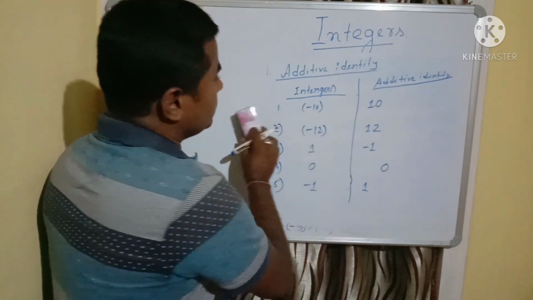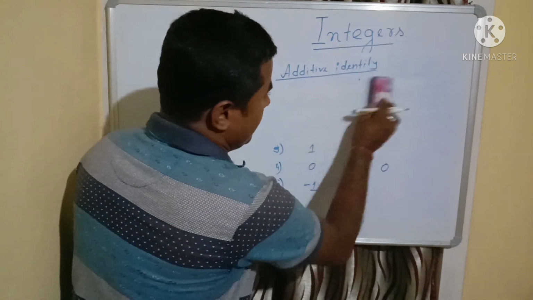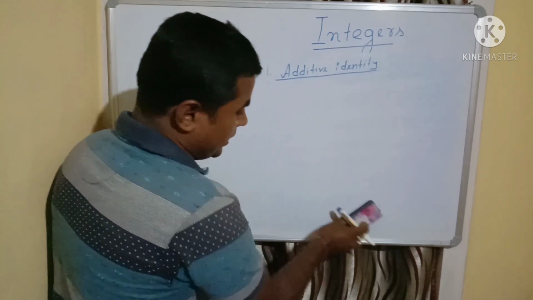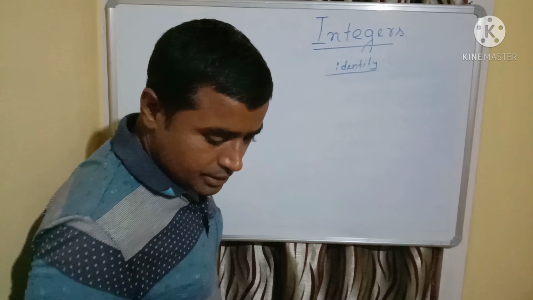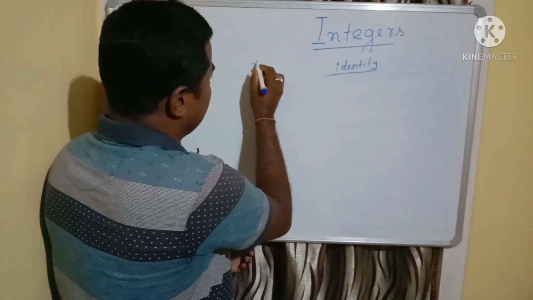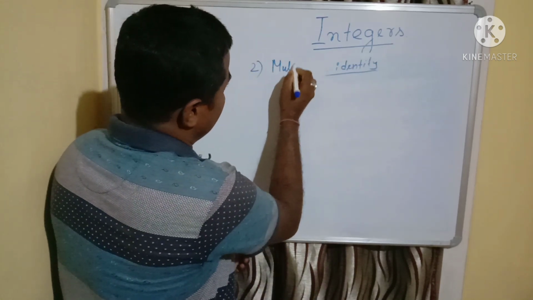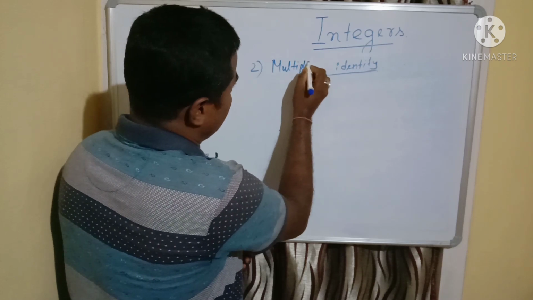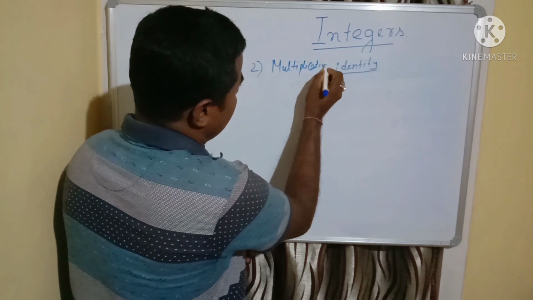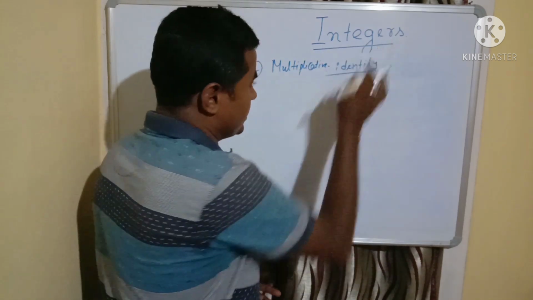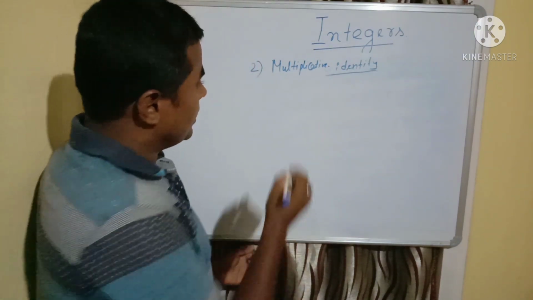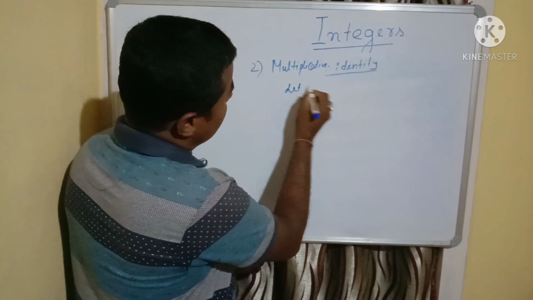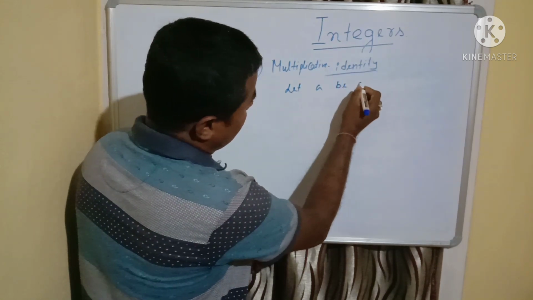Next, multiplicative identity. In place of additive identity, I write multiplicative identity. Multiplicative identity of integers.